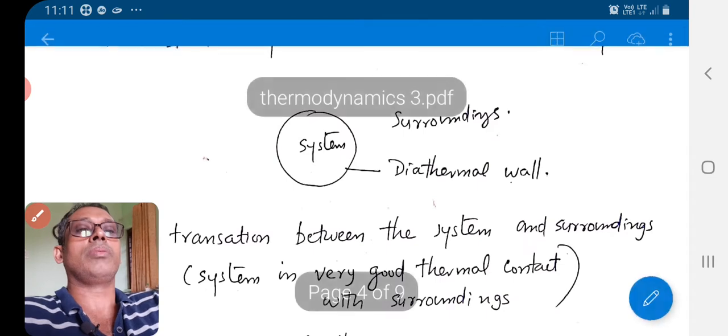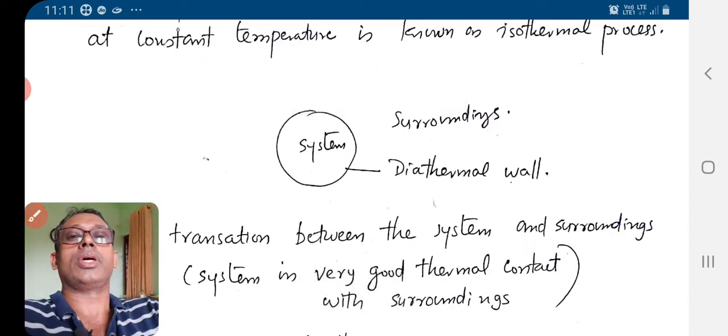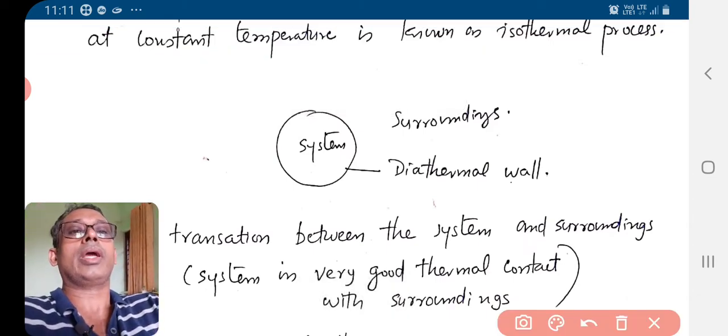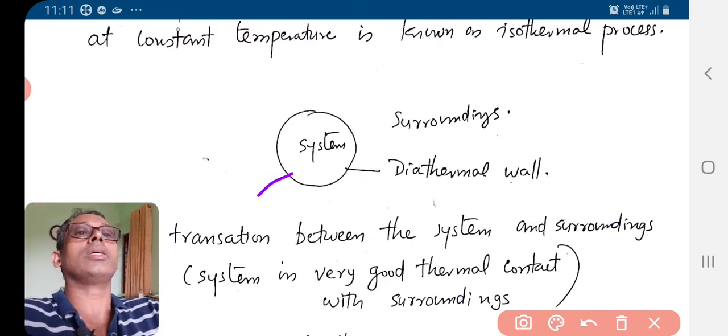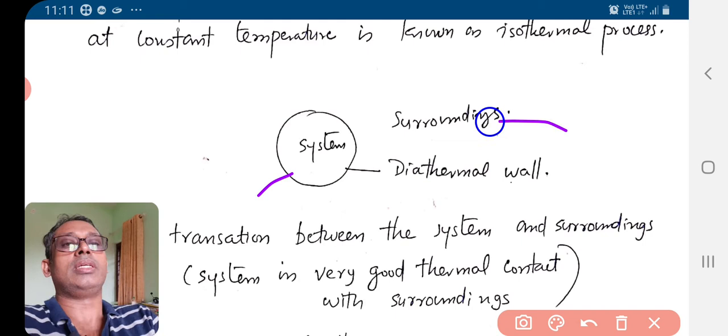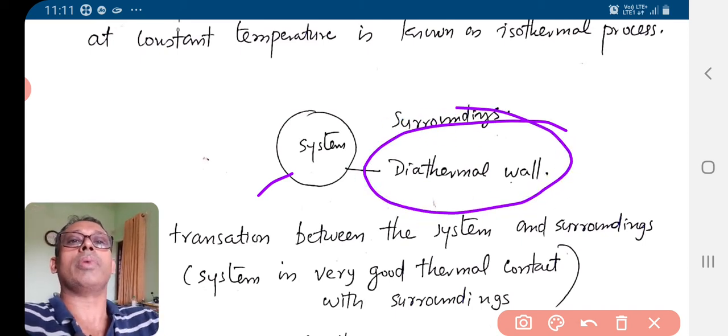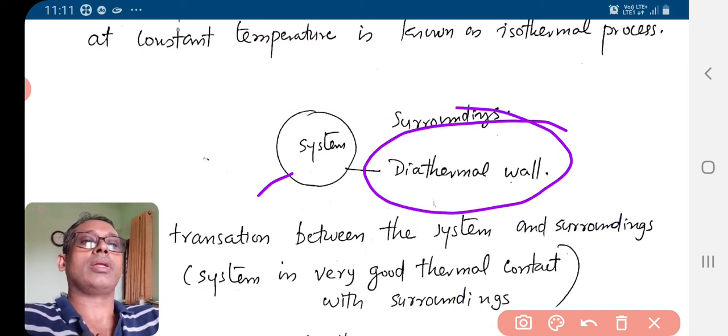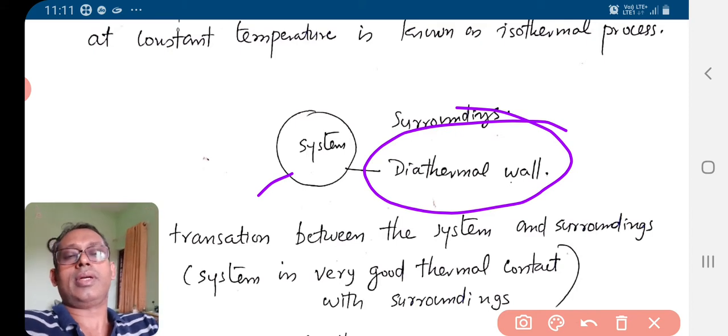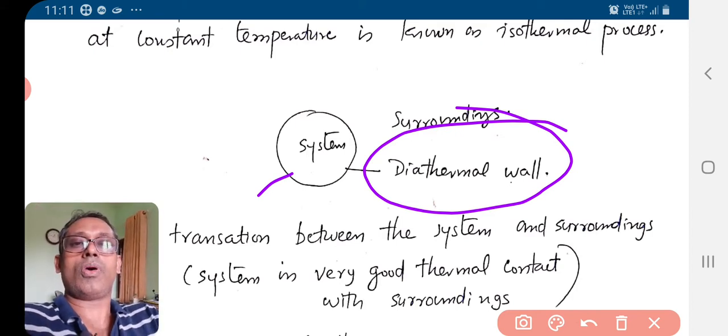So we have a system and we have the surroundings. Suppose the system is separated from the surroundings by a diathermal wall. That means through the diathermal wall, heat can easily flow.